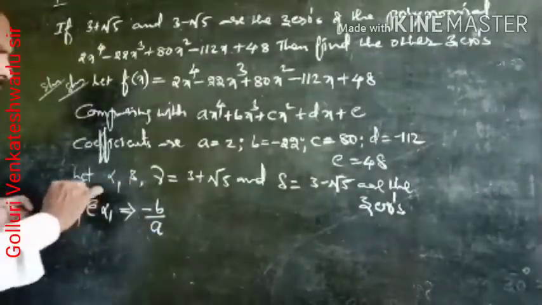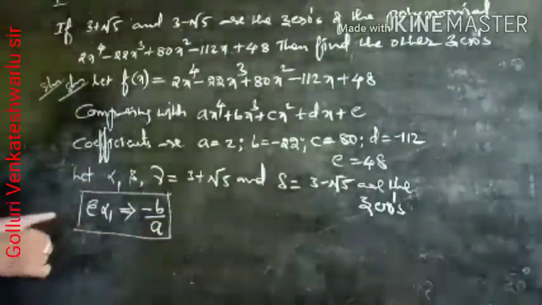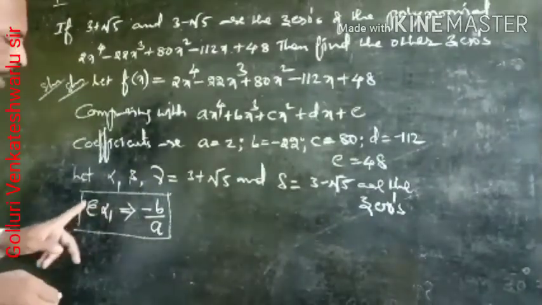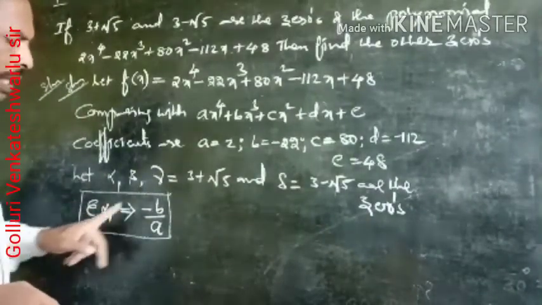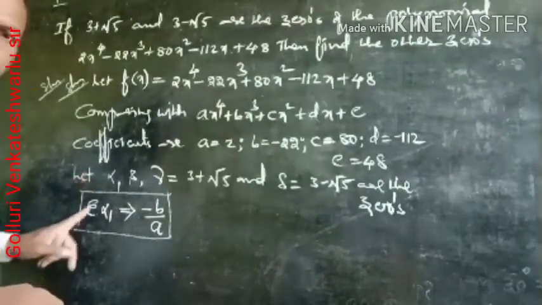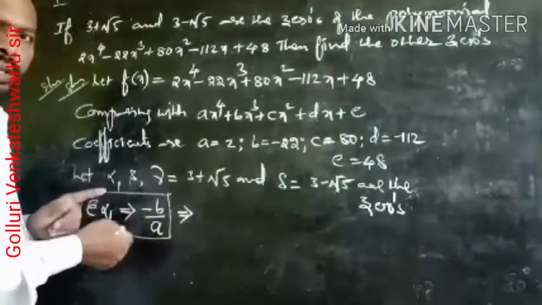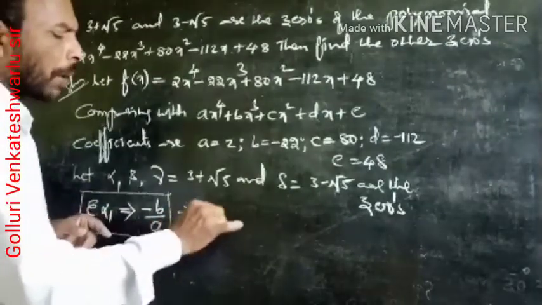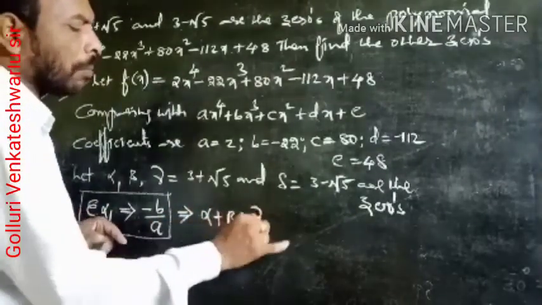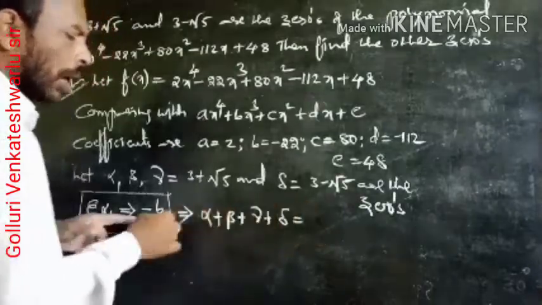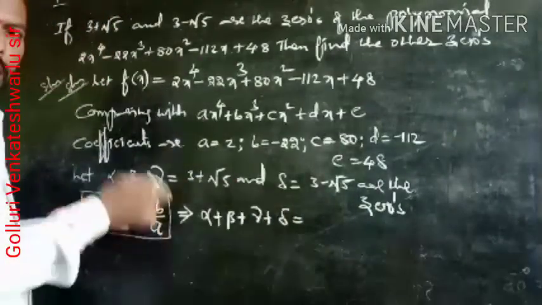Here it is the first relation between zeros and coefficients. Summation alpha 1 means the sum of all the zeros, alpha plus beta plus gamma plus delta, which is equal to minus b by a.